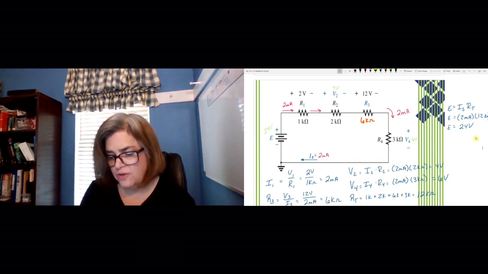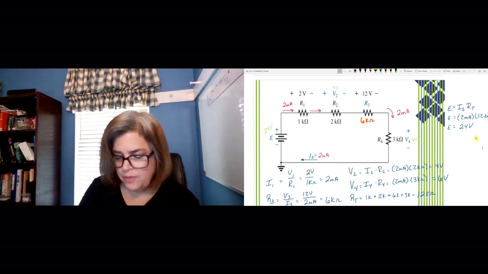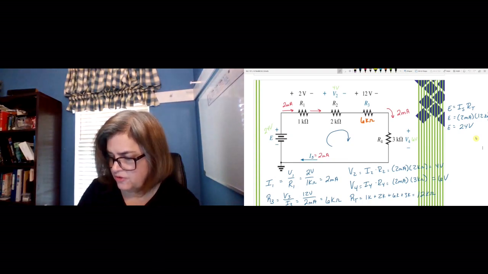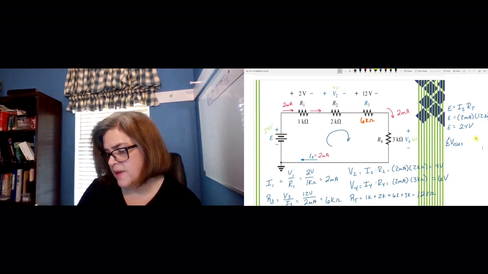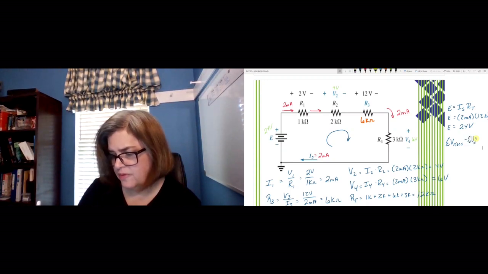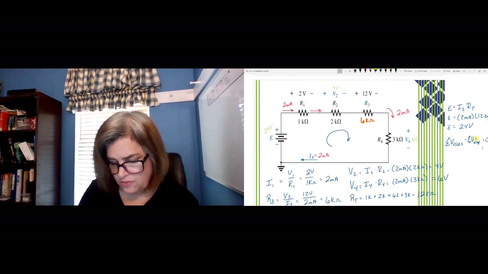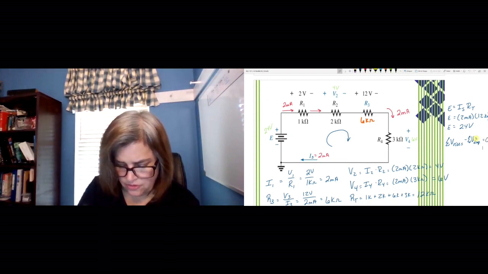And there's actually another way of figuring this out, and that is, remember when we looked last week at Kirchhoff's voltage law that says the sum of the voltage rises minus the sum of the voltage drops around a closed loop has to equal 0. So let's just write a KVL equation starting here.